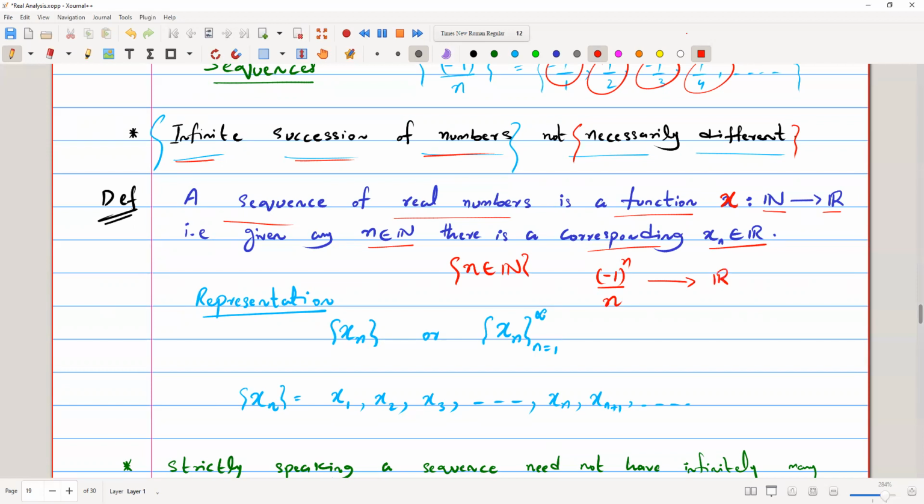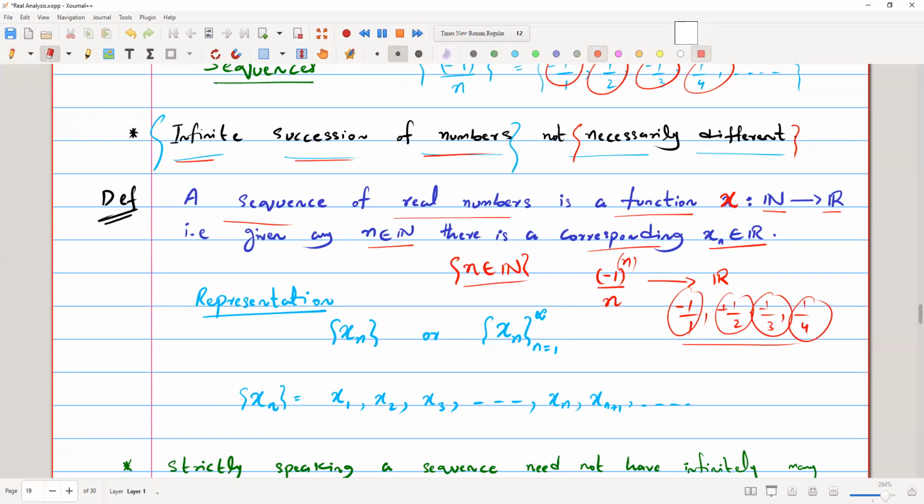For instance, if I take n as 1, starting with 1, we get -1 over 1, then +1 over 2, then -1 over 3, then +1 over 4. So these all are real numbers. They are not naturals. So we are taking input from the natural numbers and we are getting output in the real numbers.